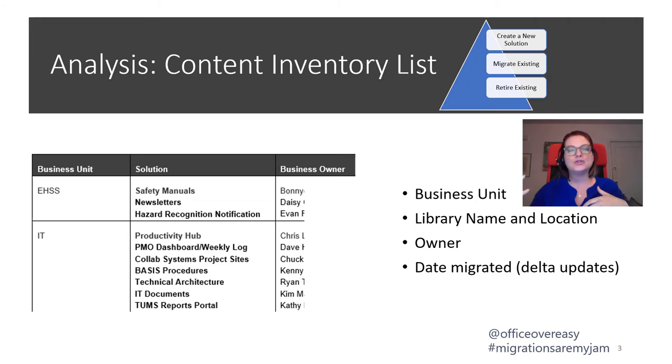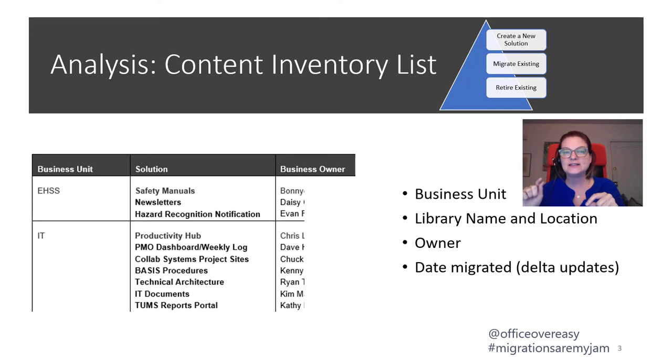So what you're doing is that initial analysis of content to decide what's just going to retire where it's at, or, if you're going completely off-prem, what's going into an archive. So what's going into retirement from a content perspective, what's being deleted altogether, and then what you're going to migrate of the existing.